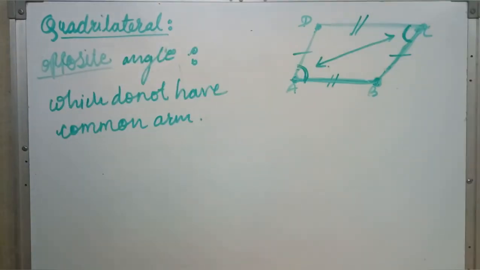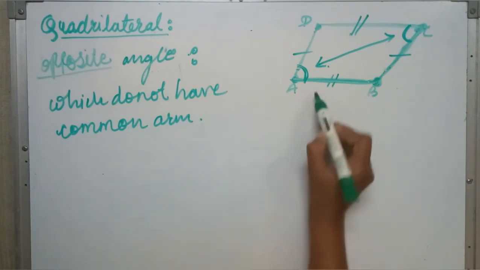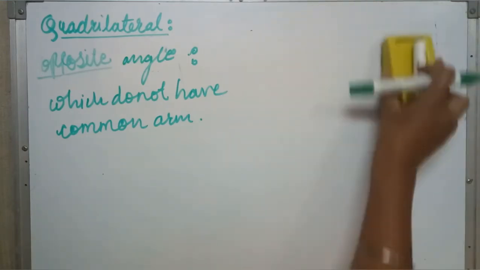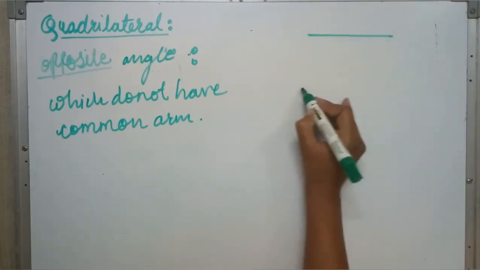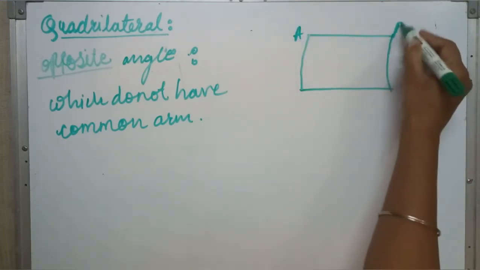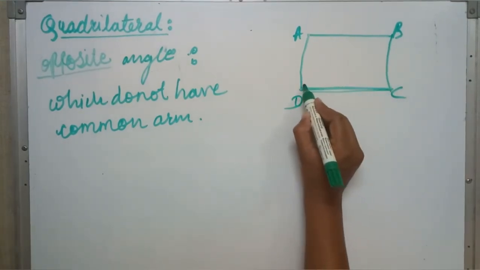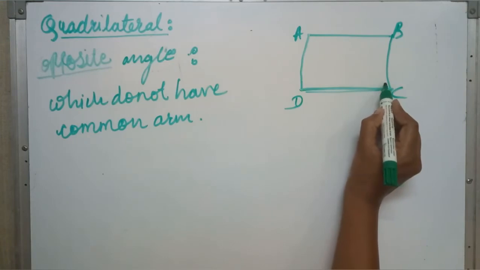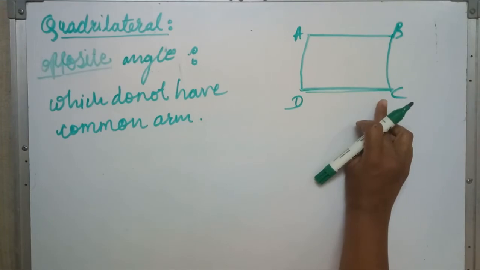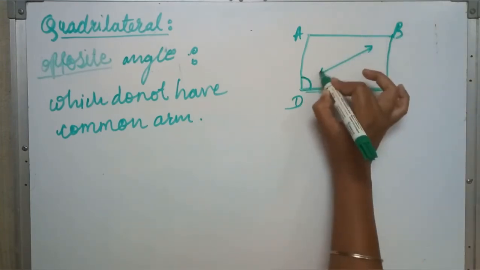Now opposite angles. Opposite angles are those which do not have a common arm. If I take A, B, C, D, and take this side, then these two angles have a common arm, which is DC. But if I take this and this, they are looking opposite to each other.